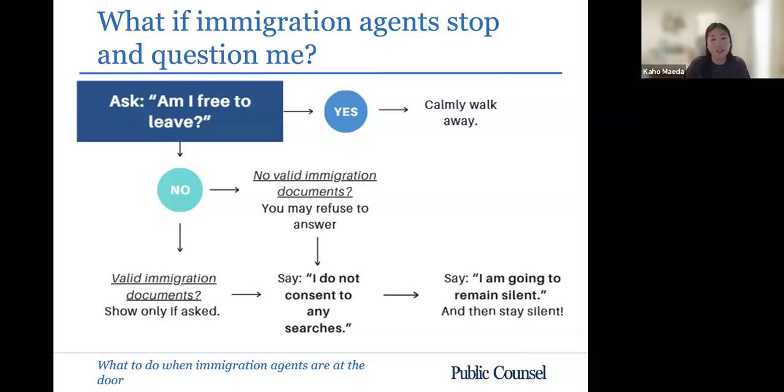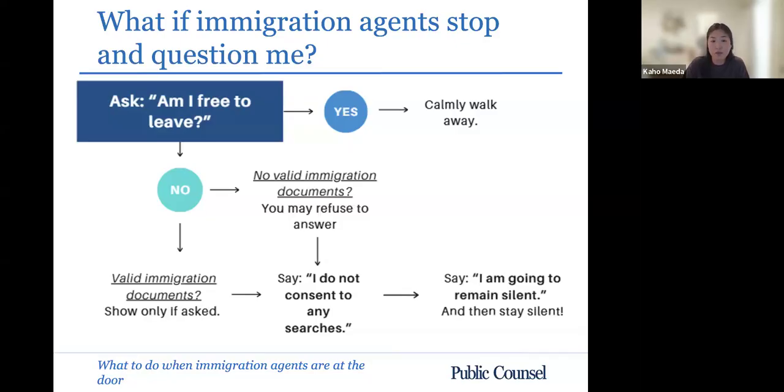If they say yes, then you can calmly walk away. If they say you are not free to leave and you do have valid immigration documents, you want to show them only if you are asked.